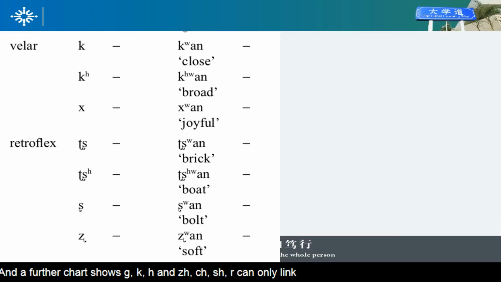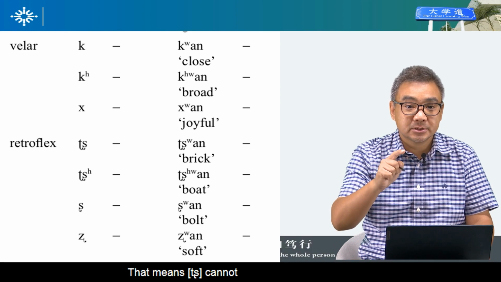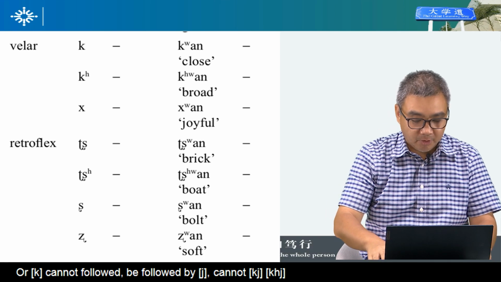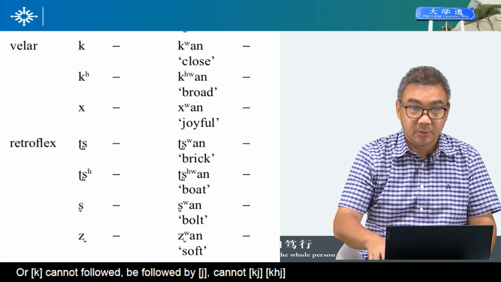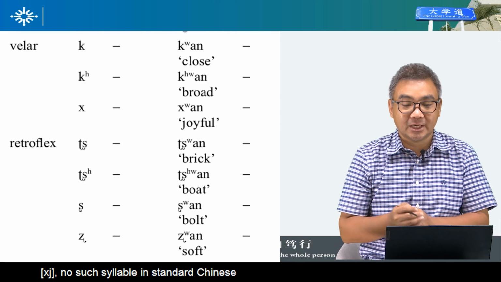And a further chart shows the ge, ke, he, and zhi, chi, shi, ri. They can only link to u, into u used as a glide. That means zhi and ge cannot be followed by i. Cannot gi, ki, hi, no such syllable in Standard Chinese.